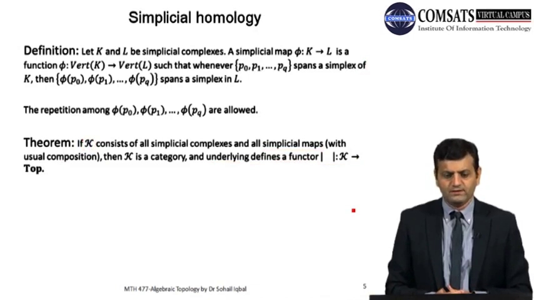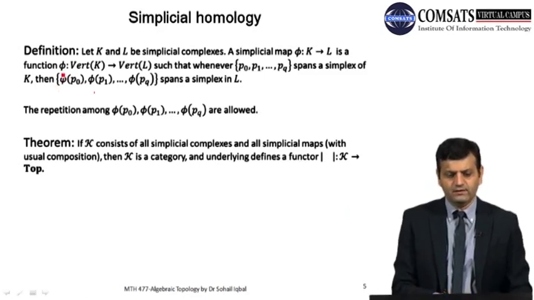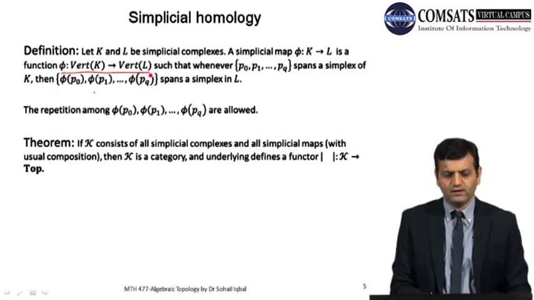Given two simplicial complexes K and L, we can define a simplicial map between these two complexes as a map phi from the vertices of K to the vertices of L, such that whenever we have a set of points which spans a simplex inside K, then its image should also be a simplex inside L. Under this condition, we define a simplicial map. The repetition of the vertices is, of course, allowed.